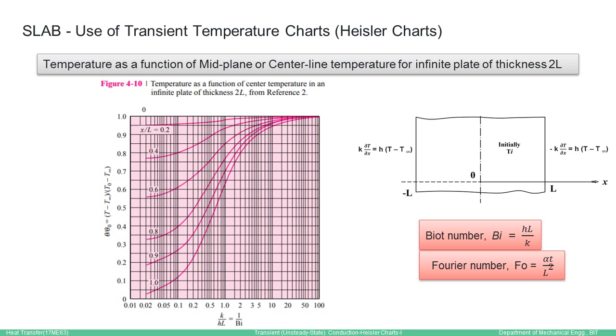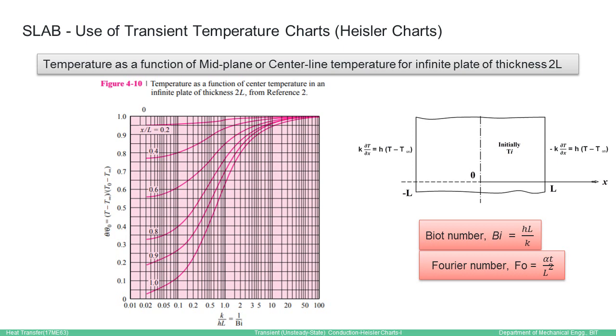So theta by theta naught, which is on the y-axis, is actually the ratio of T minus T infinity and T naught minus T infinity. Remember, the denominator of this dimensionless temperature in this case is T naught minus T infinity, where T naught is the mid plane temperature, which we can find from the previous chart. In the previous chart, the denominator of dimensionless temperature is Ti minus T infinity, where Ti is the initial temperature of the slab.